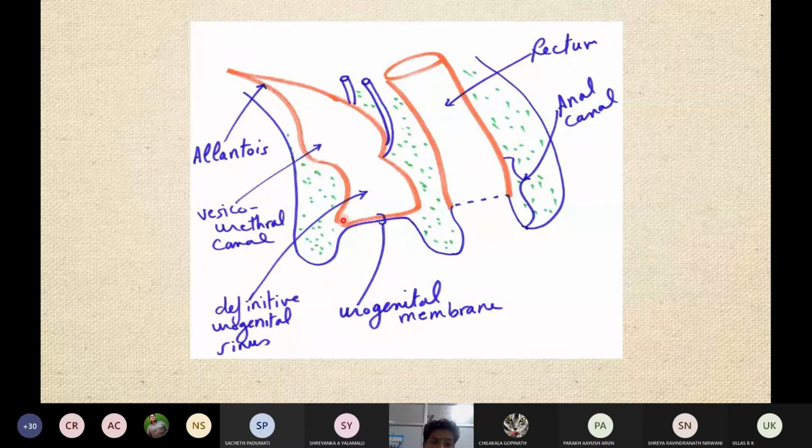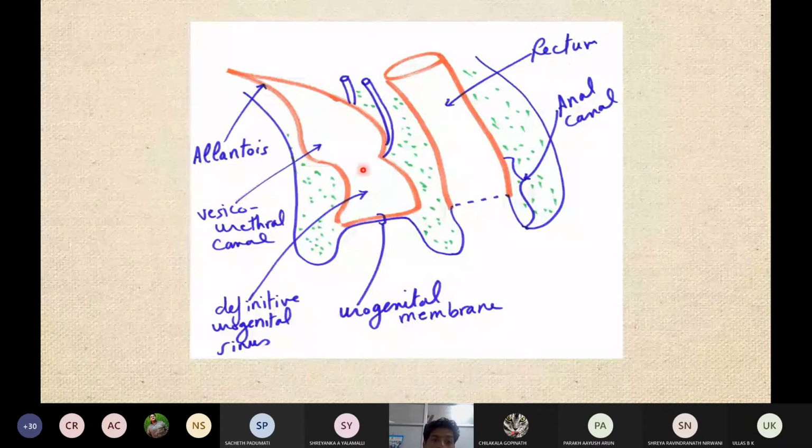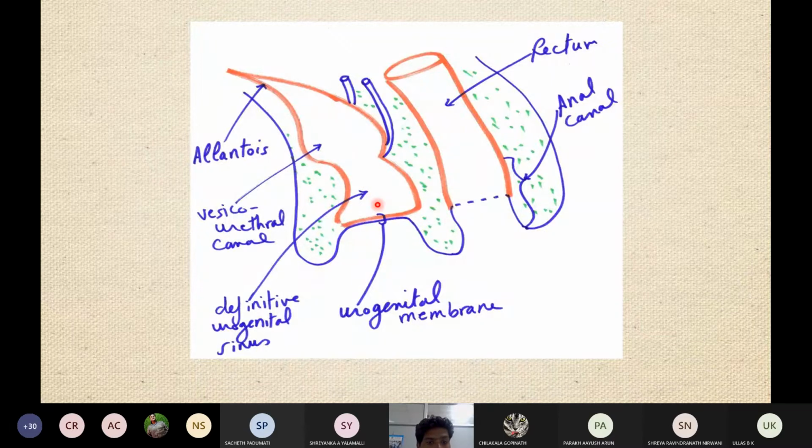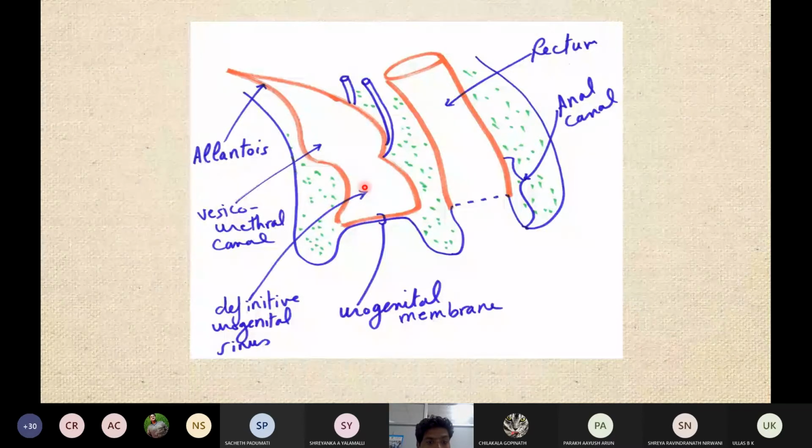The definitive urogenital sinus is going to convert into the vesico-urethral canal and a definitive urogenital sinus. These two layers will get converted into two small bulges. Okay, so the lower one, the definitive urogenital sinus, will get converted into the epithelium of the urethra.